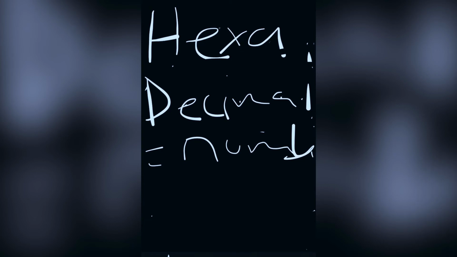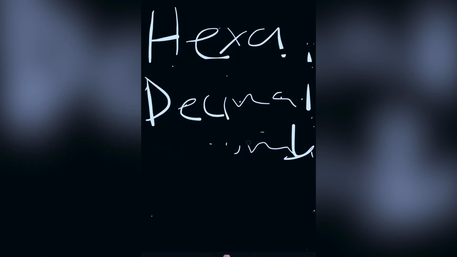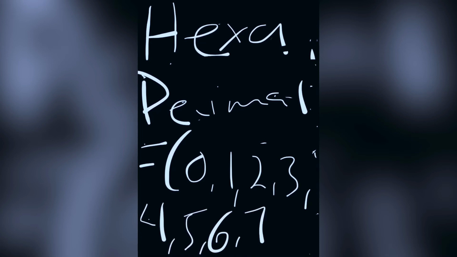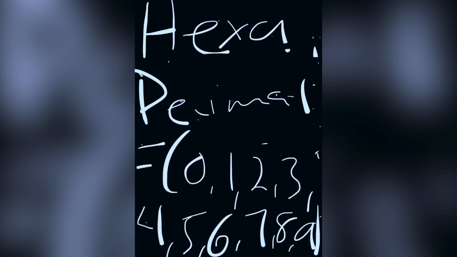Let us first look at the numbers of a decimal. Remember, we said there are 10. That is 0, 1, 2, 3, 4, 5, 6, 7, 8, and 9. Those are the numbers of a decimal.